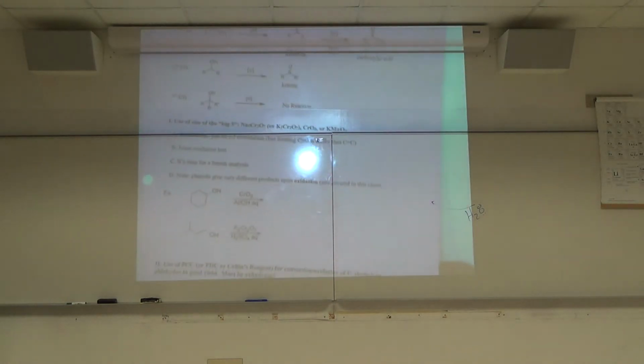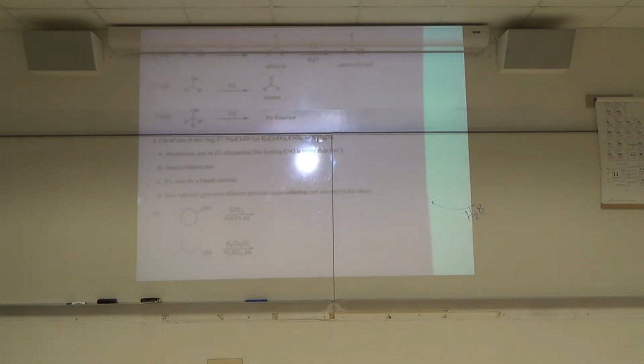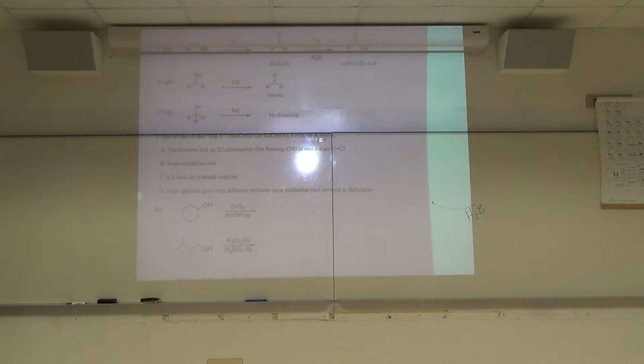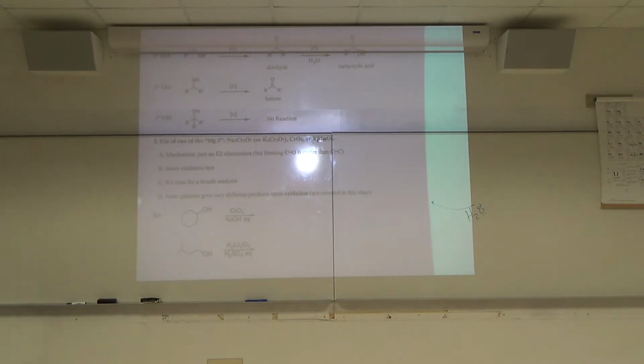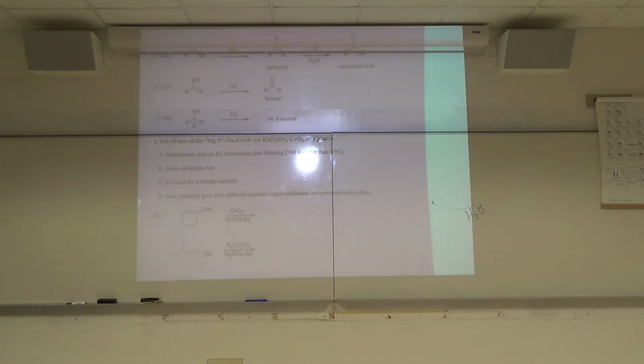By the way, breath analysis: you know when they do a breath analysis on the side of the road? They ask you to blow into it. They want to see how much orange you turn to blue, because ethanol is a primary alcohol.